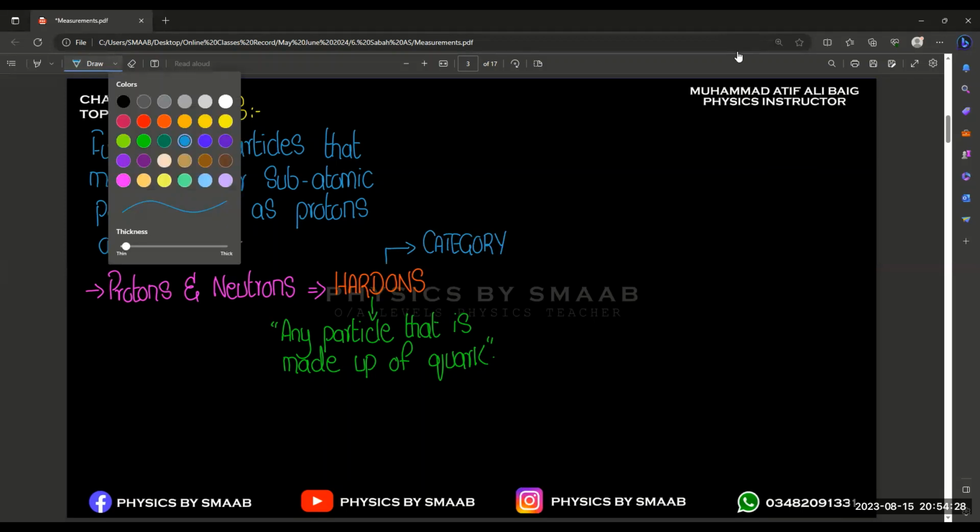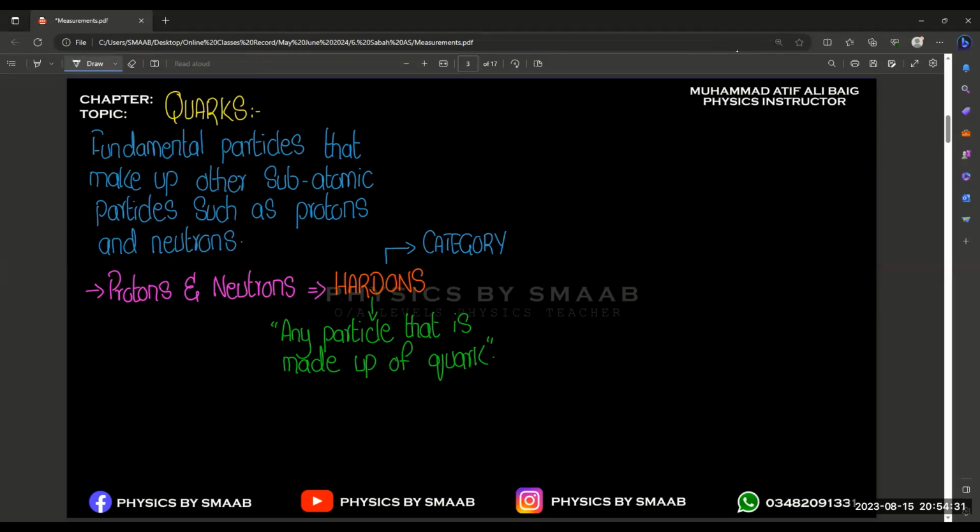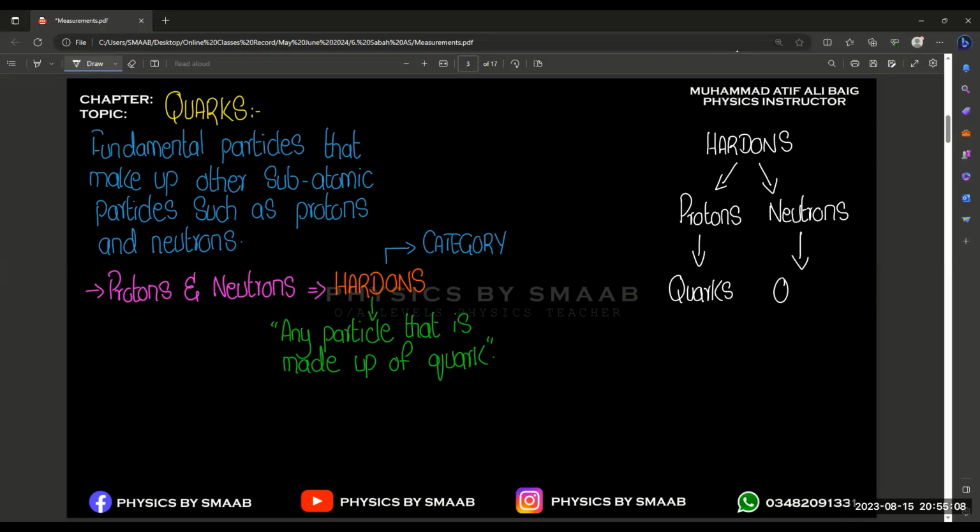It will be like a chain in this form. First of all we have hadrons, then in hadrons we have two particles, protons and neutrons. Then we know that protons and neutrons are made up of quarks. Protons are made up of quarks and neutrons are also made up of quarks.